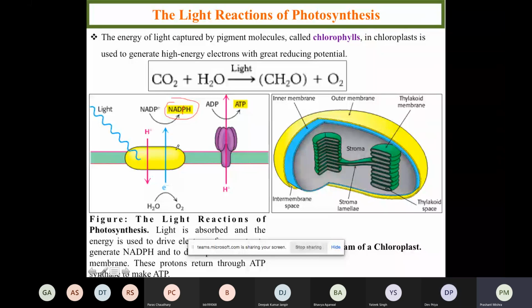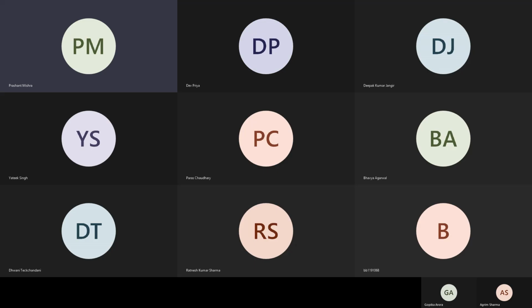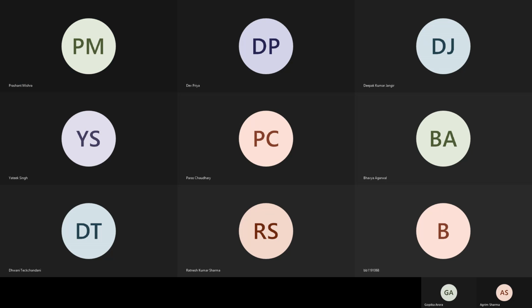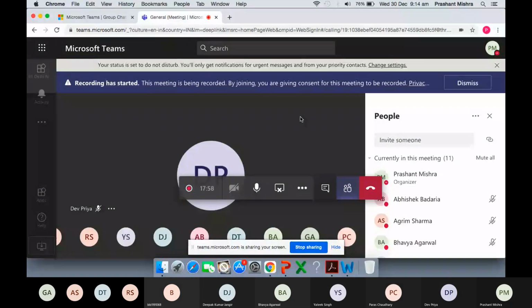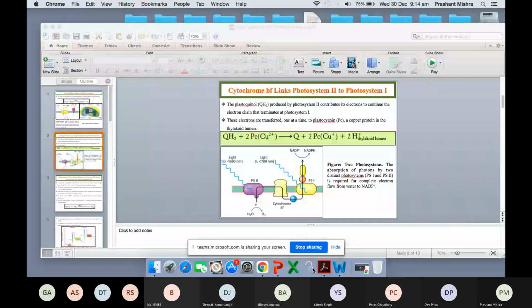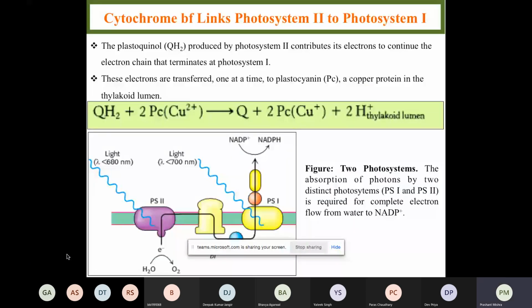No, sir. Okay, let me go back and then again re-enter. So what slide is visible to you? Yes, sir. Now we can see cytochrome BF links.